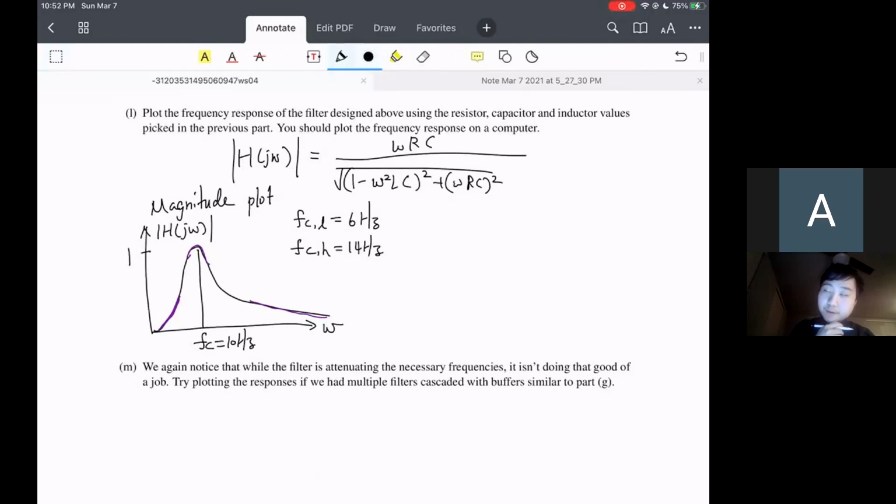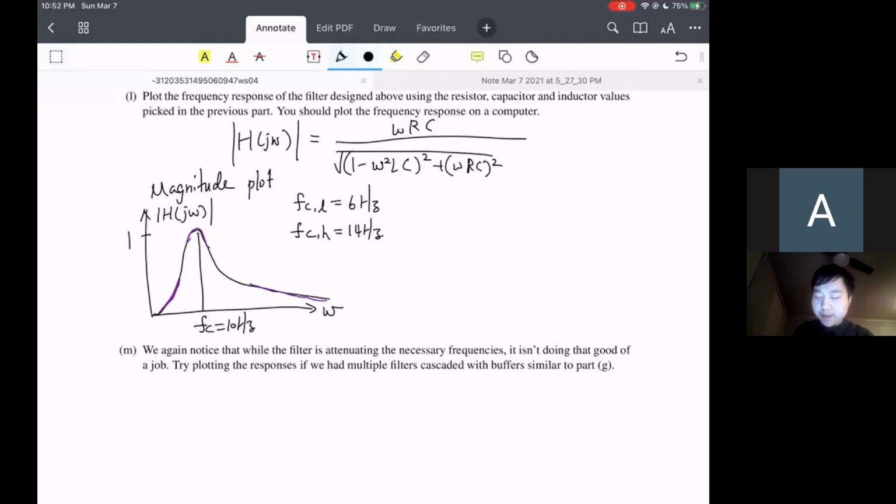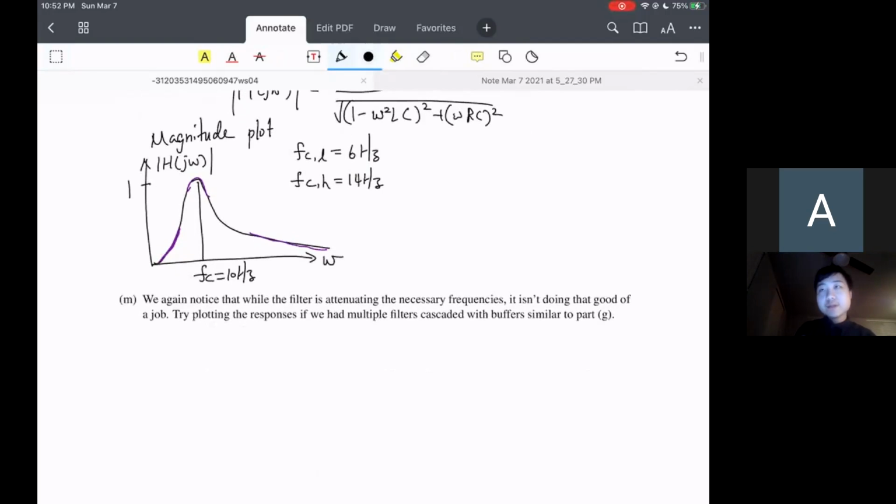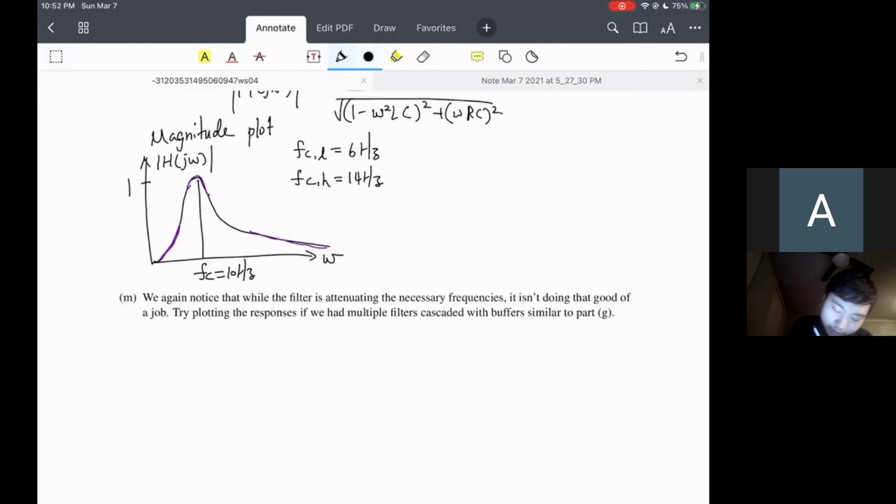Okay. So in part M, we again notice that while the filter is attenuating the necessary frequencies, it isn't doing that good of a job. We want to try plotting the responses if we have multiple filters cascaded with the buffers similar to part G. So using a similar logic as we did in part G, we know that if we have n such bandpass filters cascaded with each other with buffers in between adjacent filters, then the overall transfer function H of j omega is just going to be equal to the transfer function of each of the bandpass filters to the nth power.